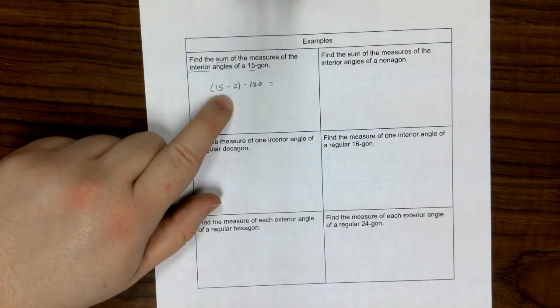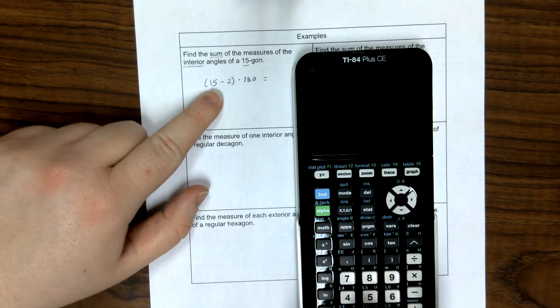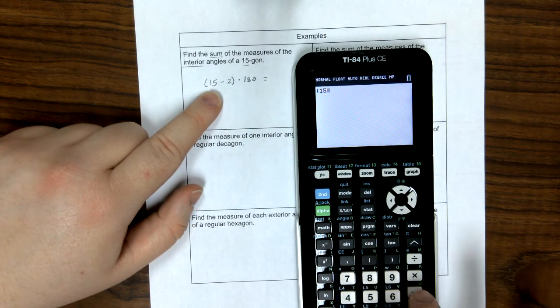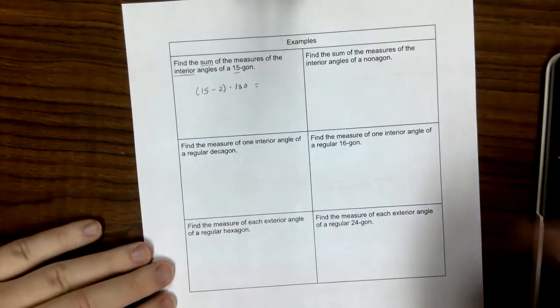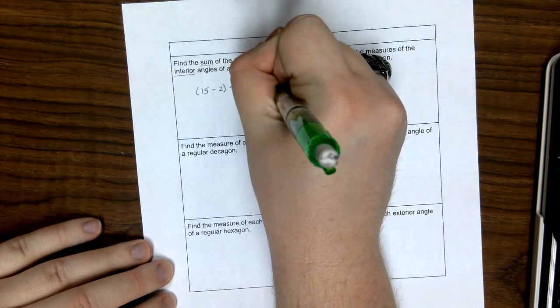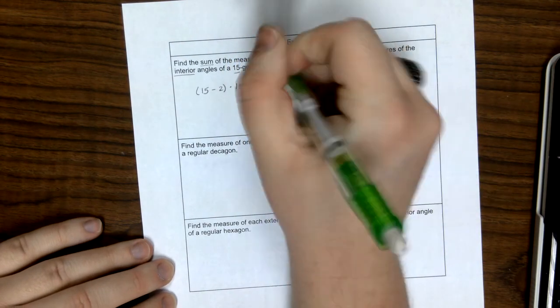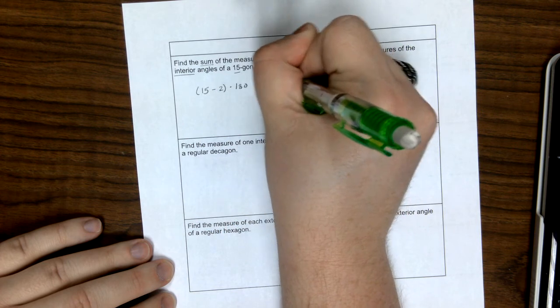And just like that, type it in this calculator. 15 minus 2 times 180, 2,340. So 2,340 degrees. I want to say degrees because we're talking about angles here.